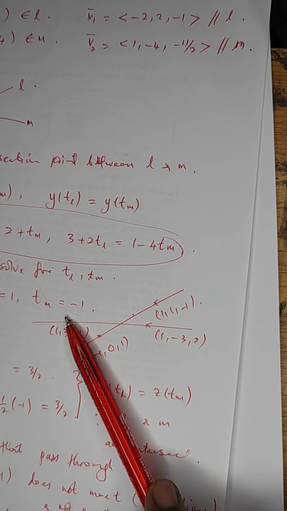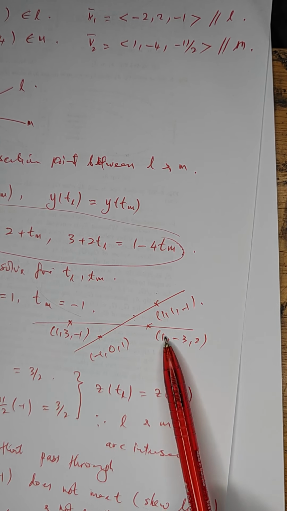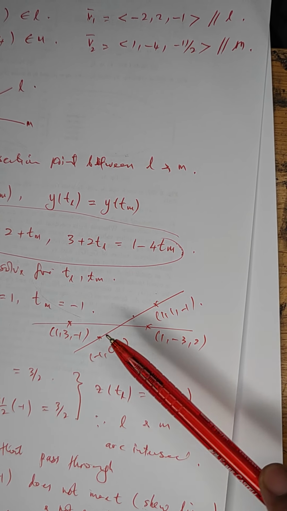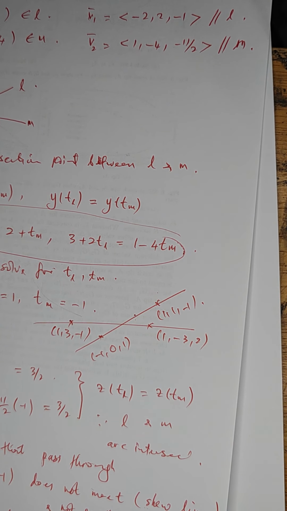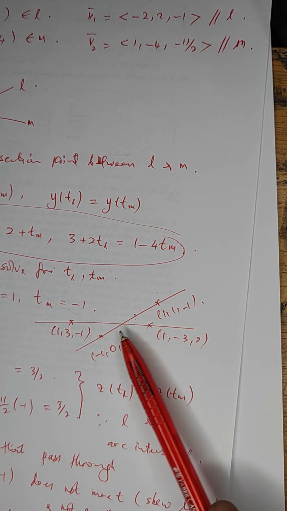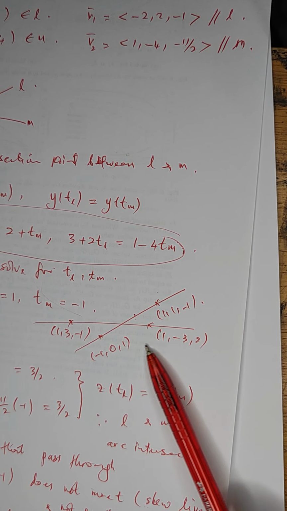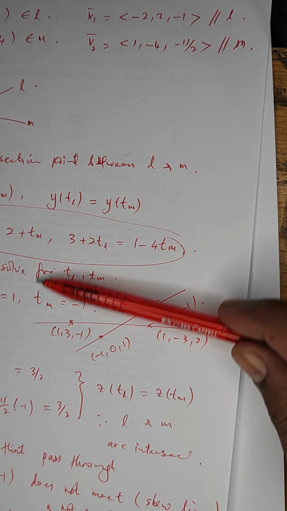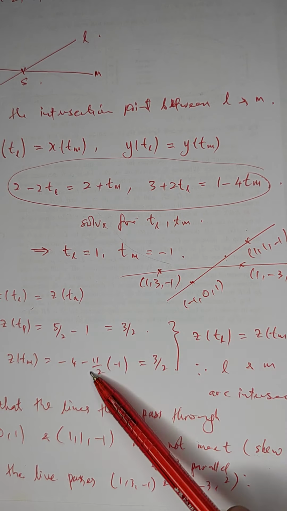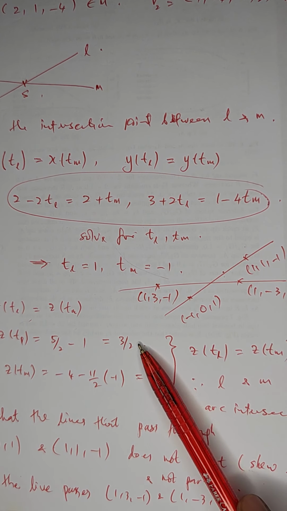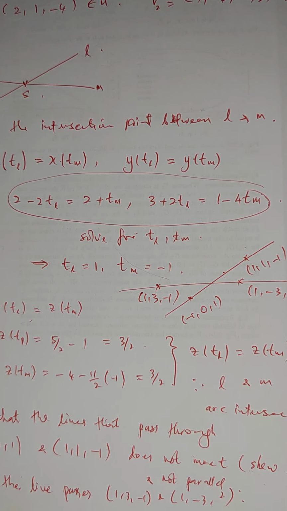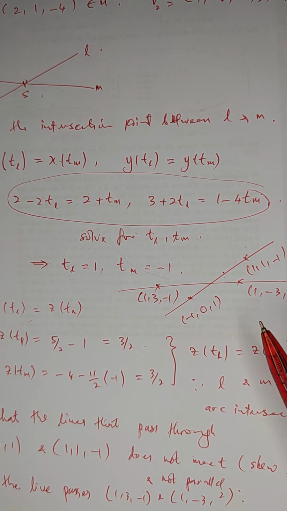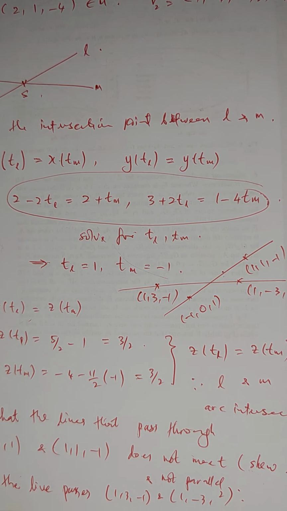It's not difficult because you can check the vector for this line and the vector for that line, since two points are given. Also show that those lines do not intersect. Follow the example given here and check the third coordinate. If the third values are equal for each line, then they intersect. If not, they do not intersect.